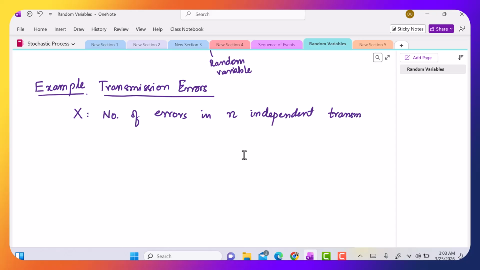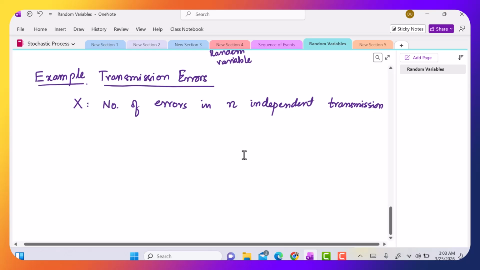Basically, we send n bits of data, and in those n independent transmissions, we look at how many times the data gets corrupted or there are errors. So we just track the number of errors in these n independent transmissions.